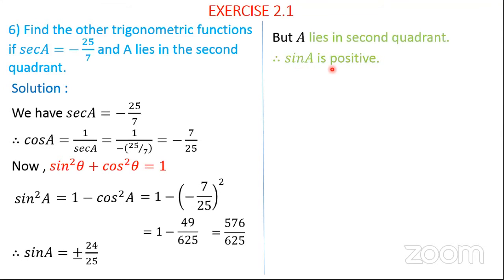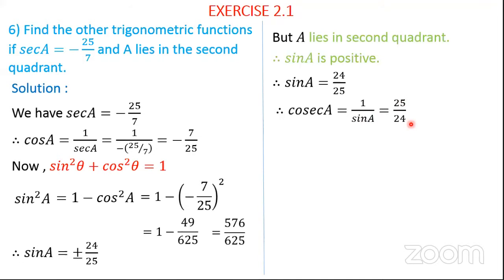Therefore, value of sin A is 24 by 25. Now we have the value of sin A. Therefore, cosec A, that is 1 upon sin A, is 25 by 24.